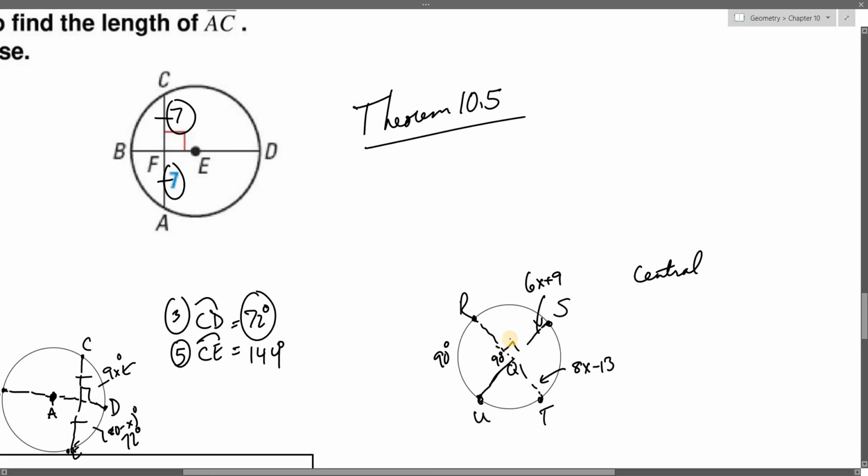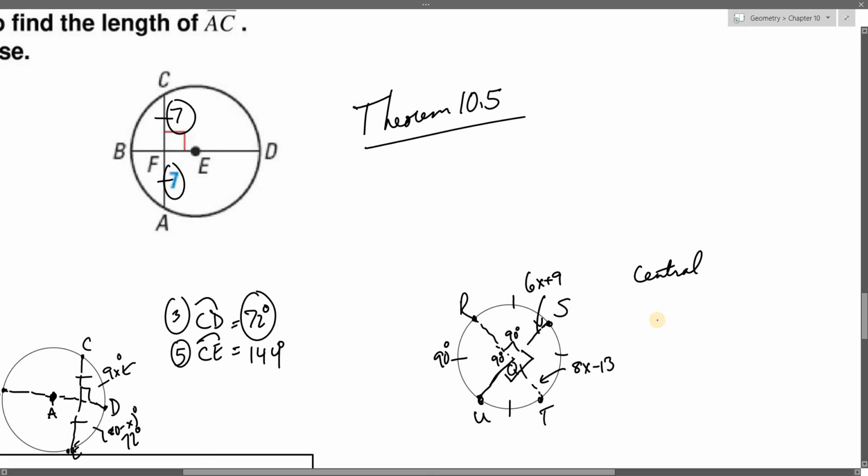Well, if this is a linear pair, how much is this? Well, it's 90 degrees. And again, linear pair, and so it's 360 all around. Which basically tells me that this arc equals this arc, which equals this arc, which equals this arc, and therefore all the chords are essentially equal.